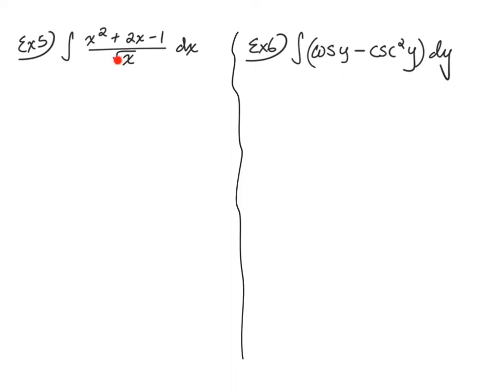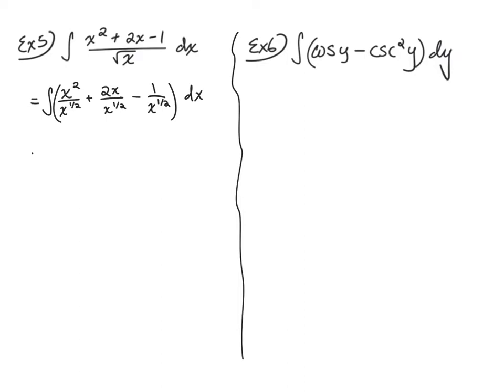We can separate this into 3 different fractions. So let's do it. So I rewrote the square root of x as x to the 1/2, and then I more or less distributed this x to the 1/2 to each term in the numerator. Boom, boom, boom.